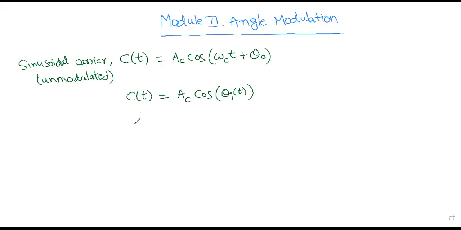What is A_c here? A_c is the amplitude of the unmodulated carrier signal.